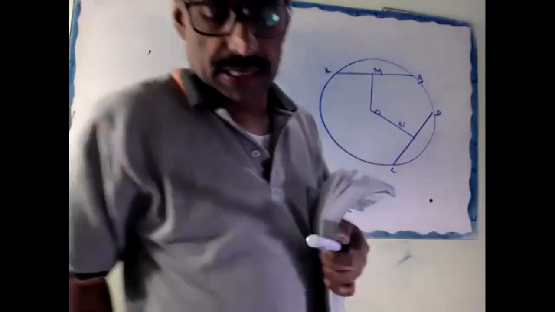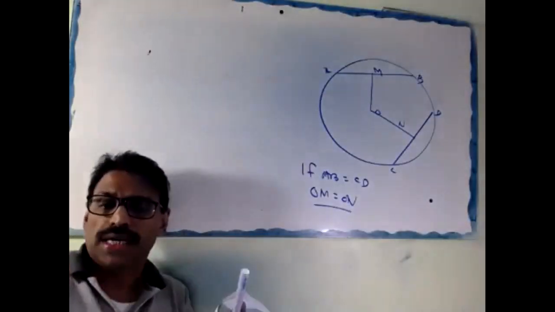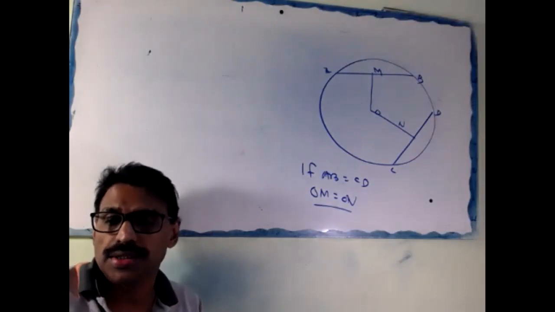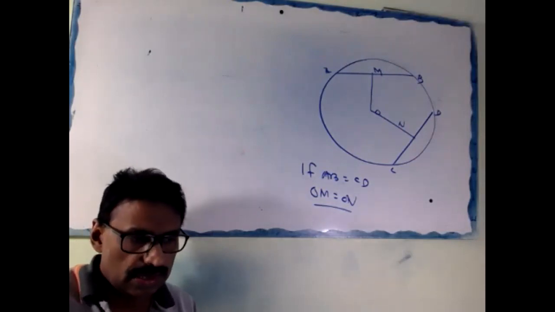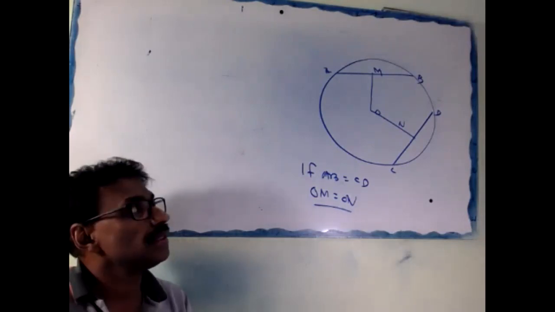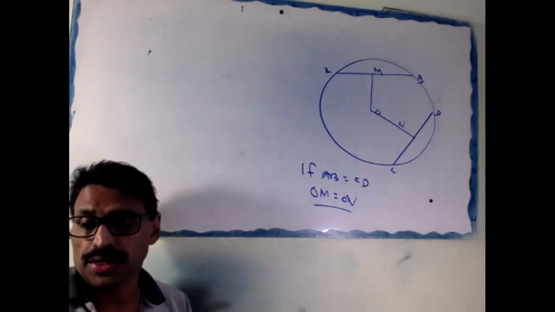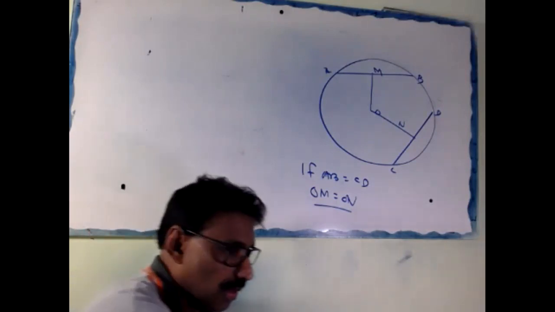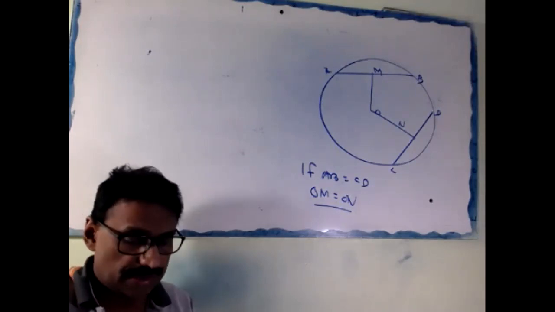That means if the chords are equal, the distances are also equal. Okay, draw this one. Yes, who will draw them?